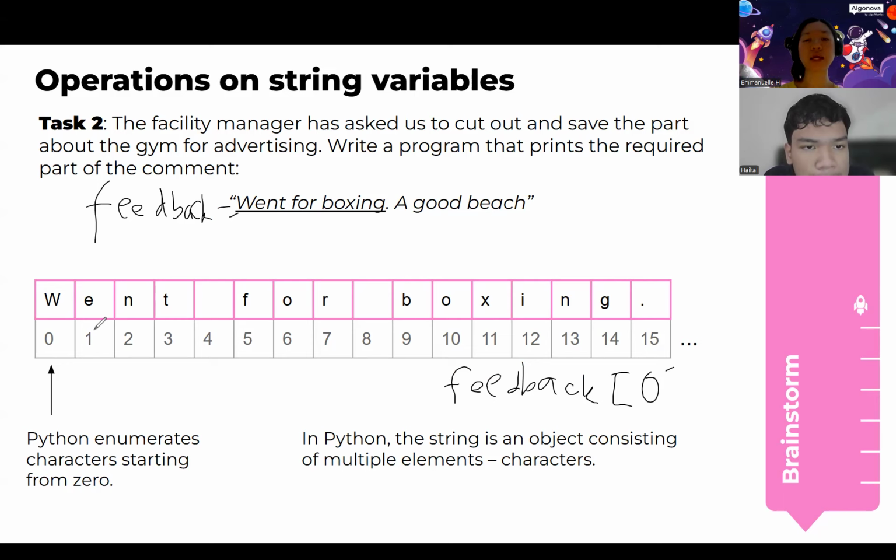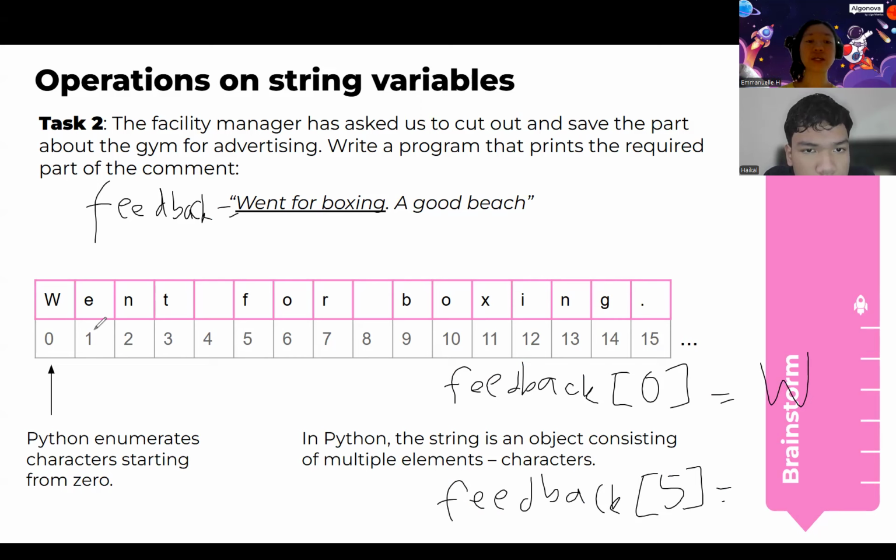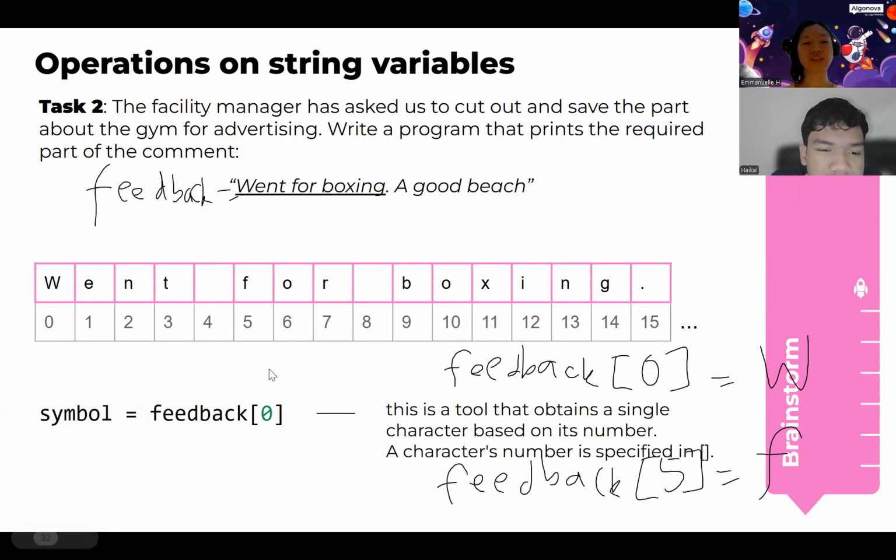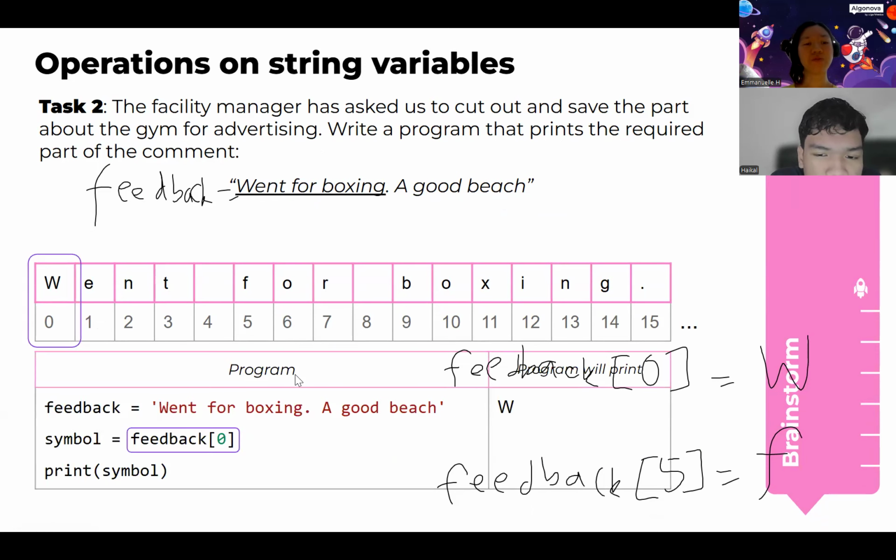I put the number index 0, then the result will be W. If I want feedback index 5, what will the result be? F. Yes, good job, F. So symbol equals feedback index 0, and it will print W.